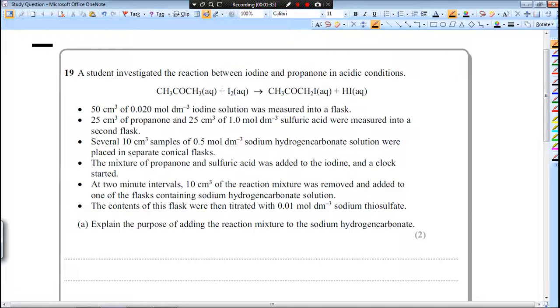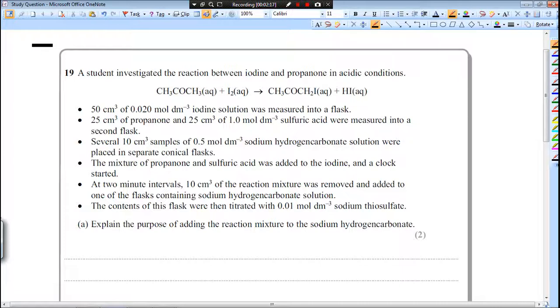So we have taken several separate conical flasks, which are empty, and we have taken a 10 cm cube sample of 0.5 mole per dm cube sodium hydrogen carbonate and poured it into each of the separate conical flasks. So there is sodium hydrogen carbonate in separate conical flasks.